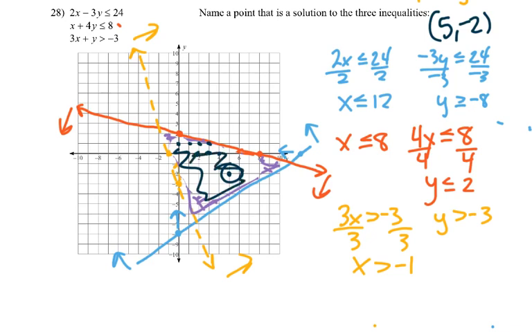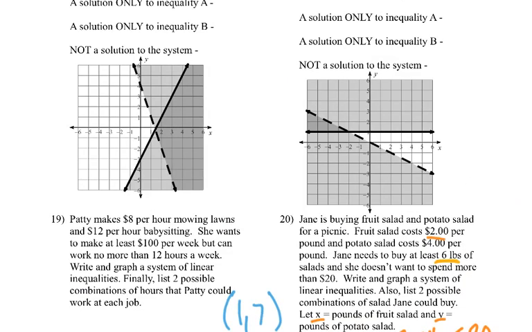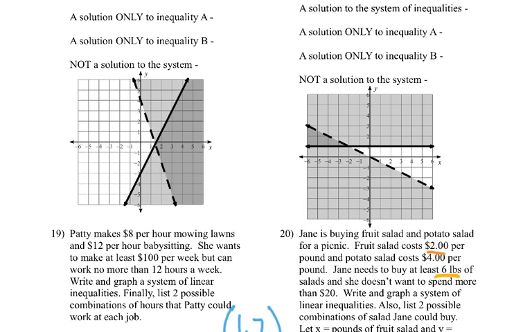And that's how we graph inequalities in systems. Okay? The whole point, again, is looking at that shading. So again, where both things are shaded or multiple things are shaded, that's our solution to the system. Okay?